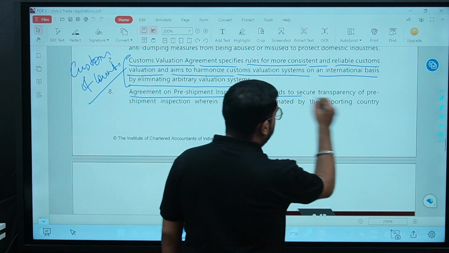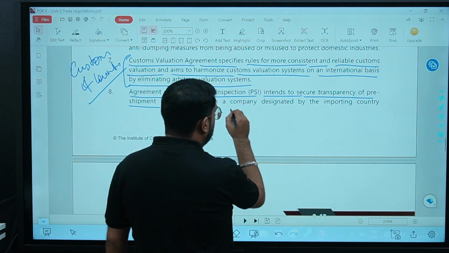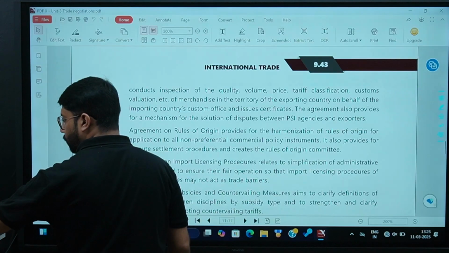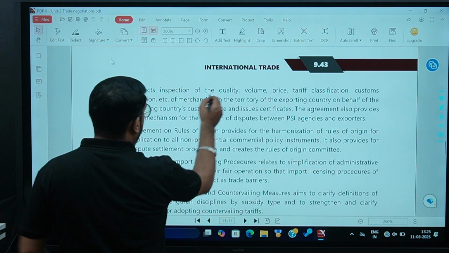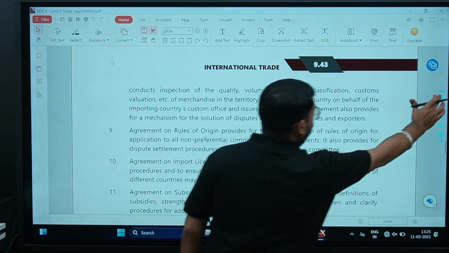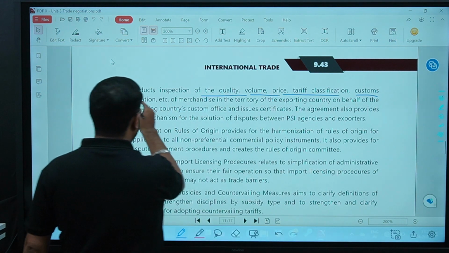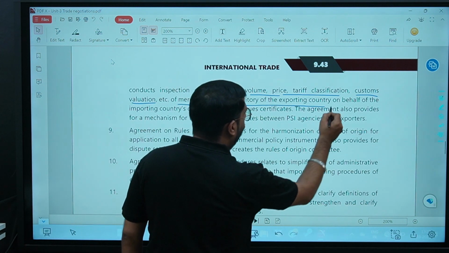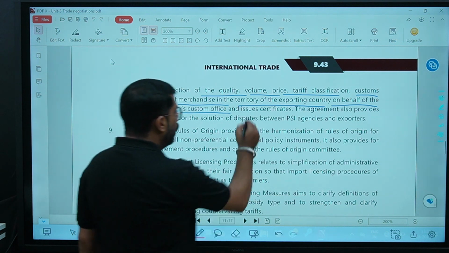It intends to secure transparency of pre-shipment inspection, wherein a company designated by the importing country conducts inspection of the quality, volume, price, tariff classification, custom valuation, etc. of merchandise in the territory of the exporting country on behalf of the importing country's custom office and issues certificates.